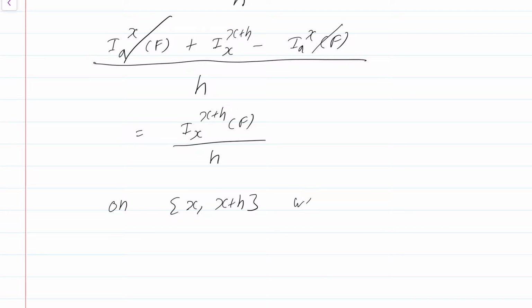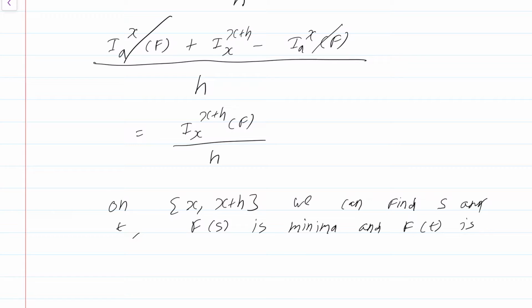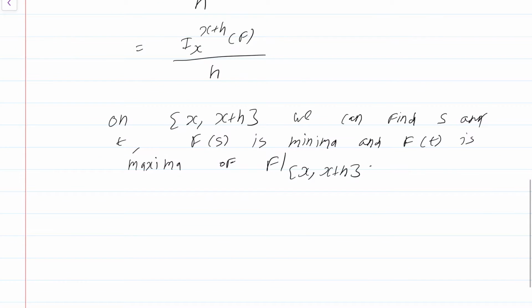We can find, let's say, s and t such that f of s is the minimum and f of t is the maximum of f restricted to this closed interval. On any closed interval, continuous functions attain maxima and minima. I am just choosing the corresponding points to be s and t. So what does this mean?